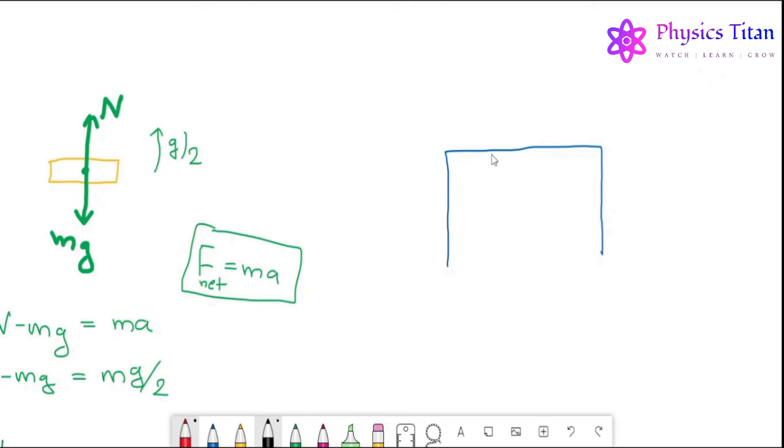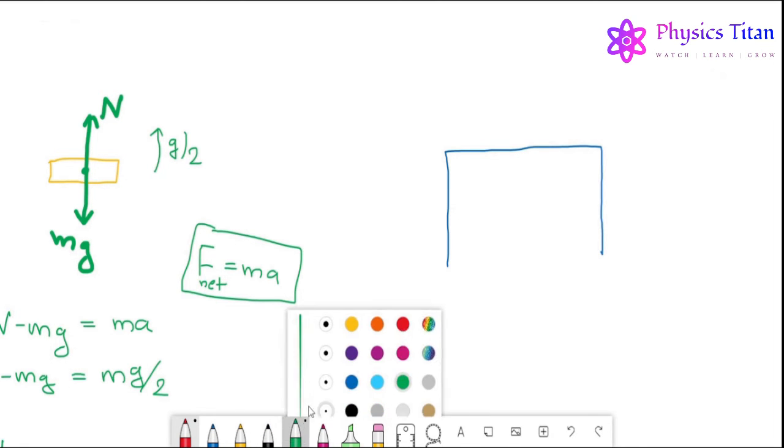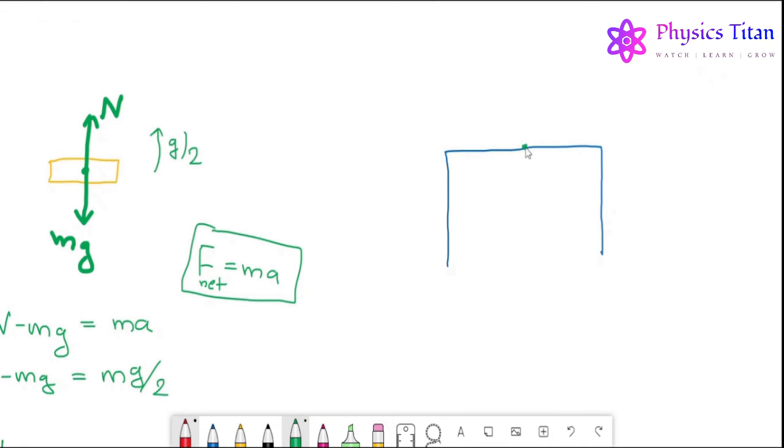So the table was exerting a force equal to N on the book. So the book will also exert the same force but in the opposite direction on the table. So there will be a normal force acting on this table in the downward direction. Now suppose the mass of this table is capital M. So the weight will also act in the downward direction and the magnitude will be equal to capital M g.